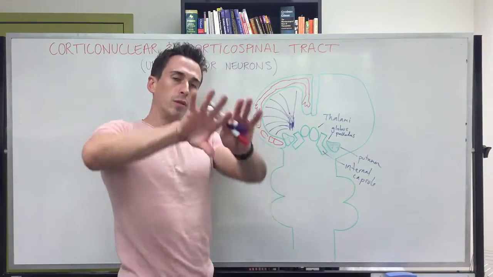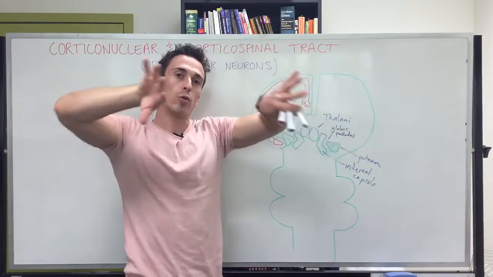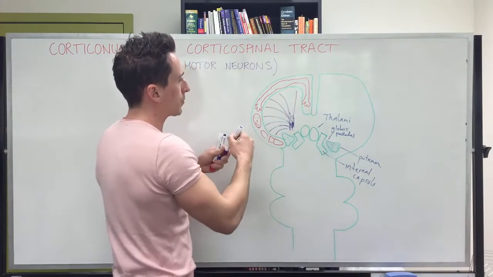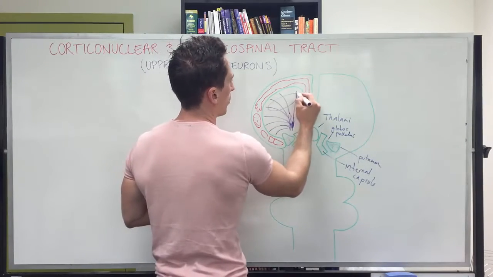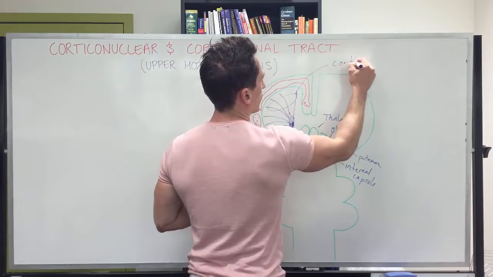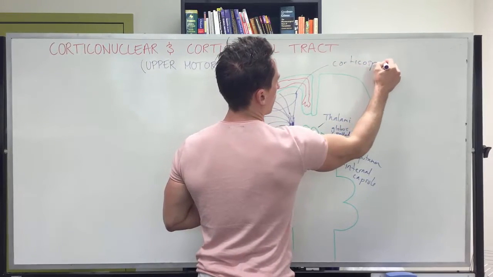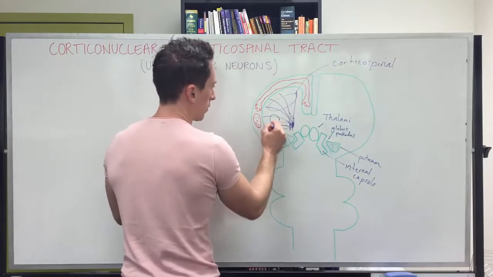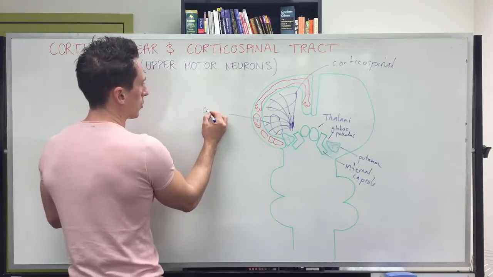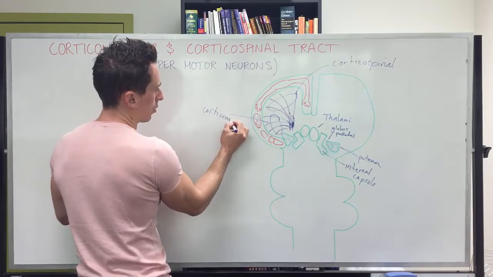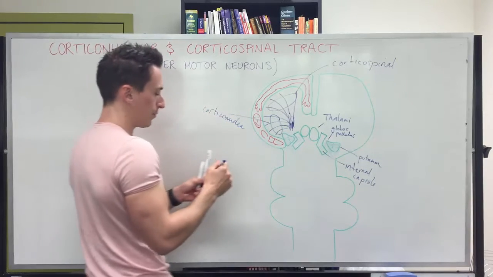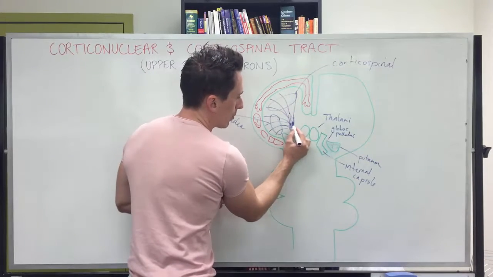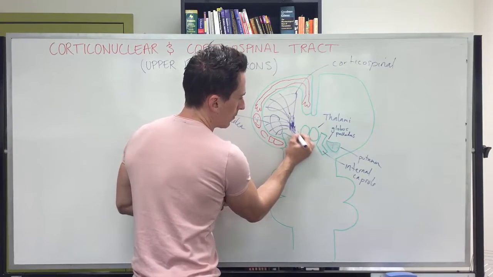Here's an important point between corticospinal and corticonuclear. The corticospinal, compared to the corticonuclear, move through the internal capsule, but they move through the posterior limb.